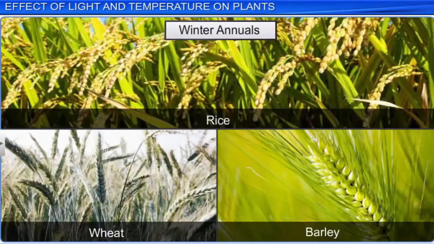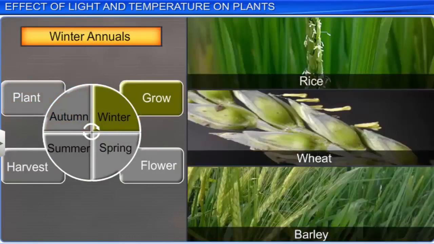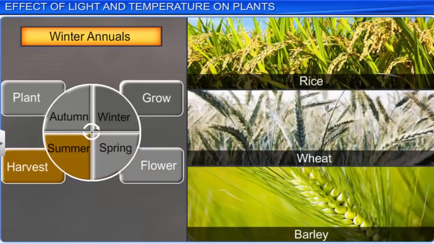Winter annuals such as rice, wheat, and barley are planted during autumn. Their vegetative growth starts in winter when they undergo vernalization, which induces them to flower during spring. Finally, they are harvested in summer.